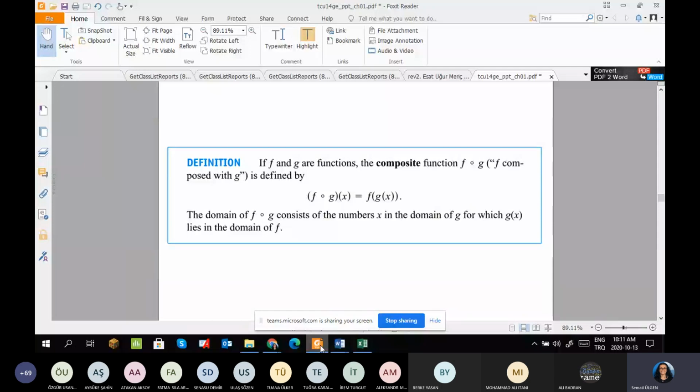Next thing is about composite functions. If you have two functions, you can compose them. And the composition order is important. If you compose them, f compose g like that, you need to be careful about the domain and range.